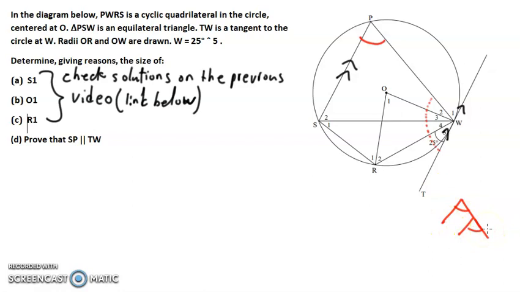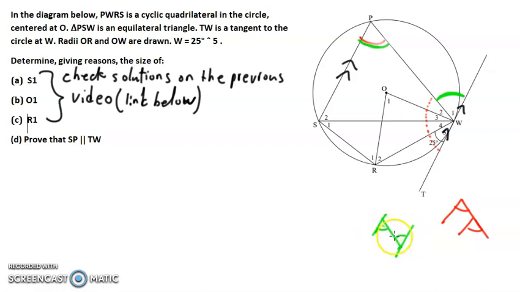Another way that we could try to use would be to look at this angle again, but I'm just going to give it a different code now. We look at this angle and this angle here. These two angles are alternating angles. So you have this angle here, and then you have that angle there.